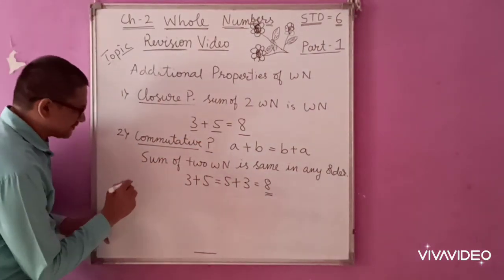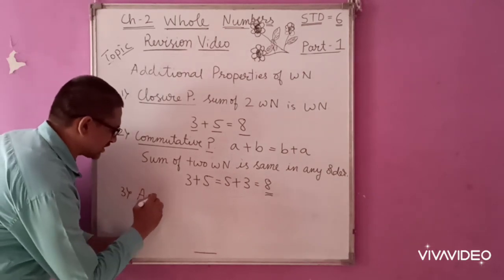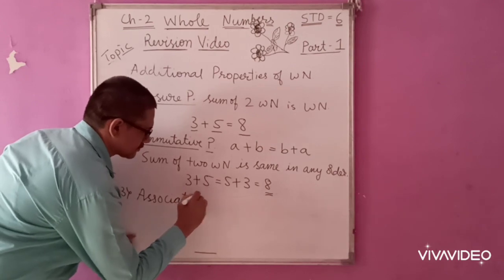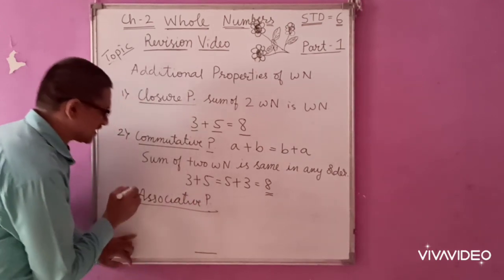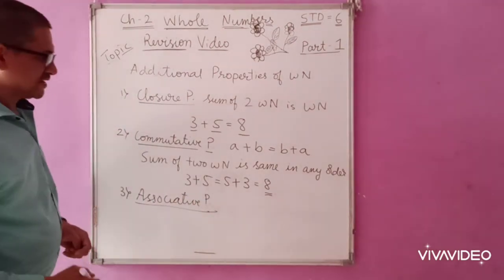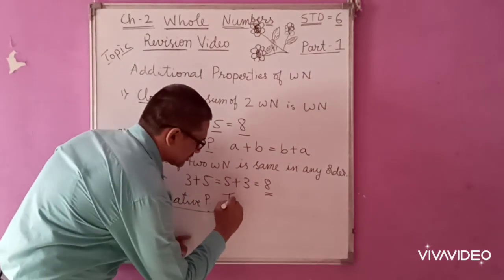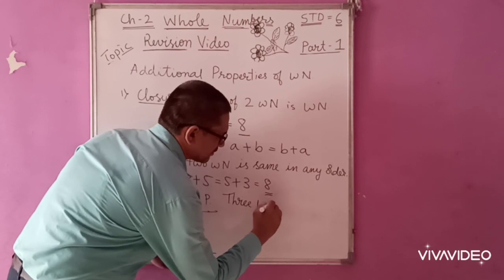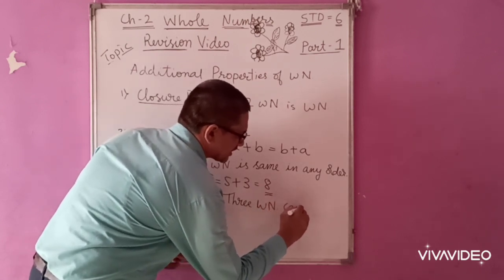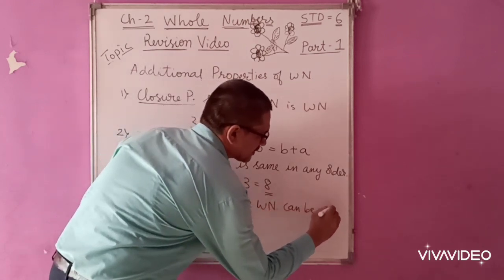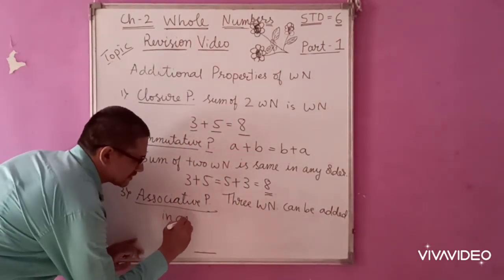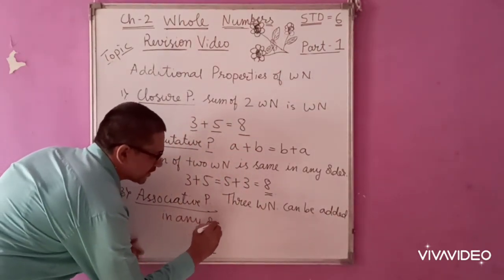Third property, associative property. So what is associative property? It says three whole numbers can be added in any order.